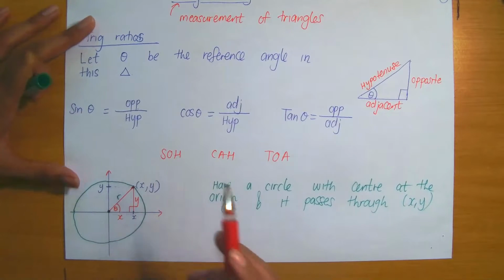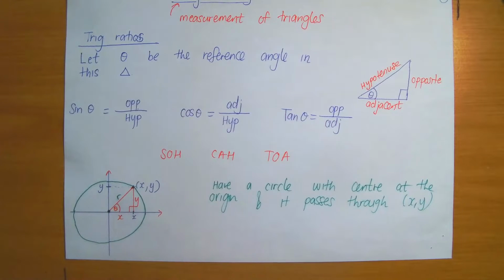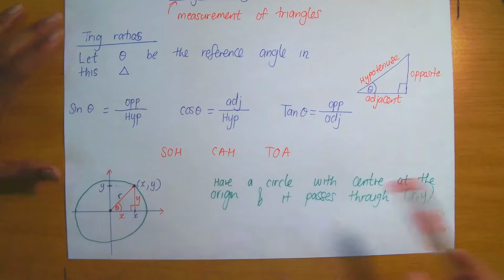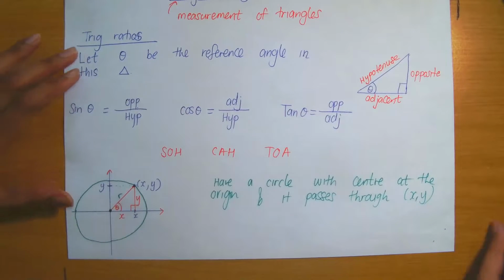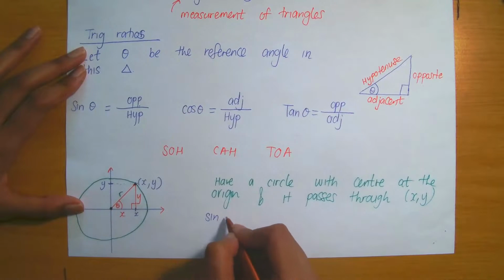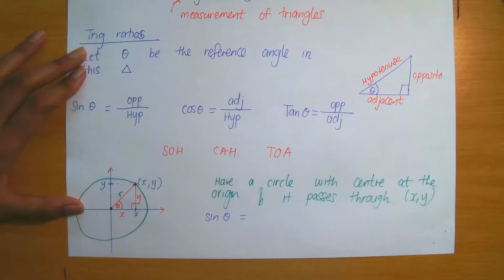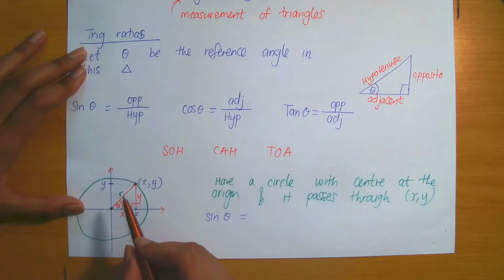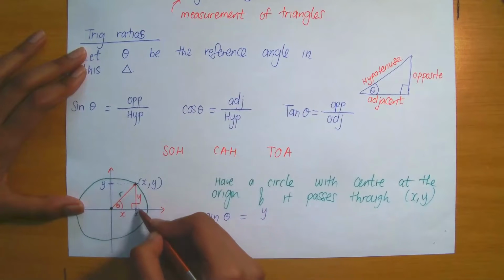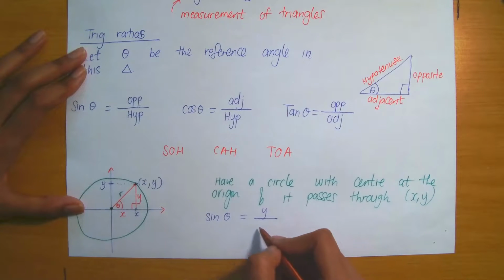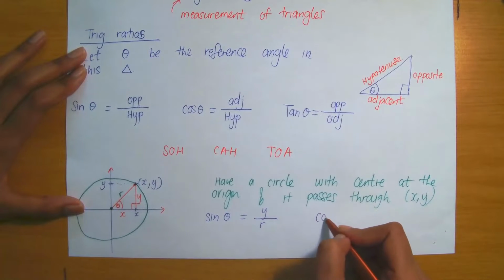So based on this diagram, assuming that my circle was drawn perfectly, our trig ratios written above can now be rewritten in terms of the lengths found in the Cartesian plane. Sine of theta, which is opposite over hypotenuse, can be expressed as y over r.